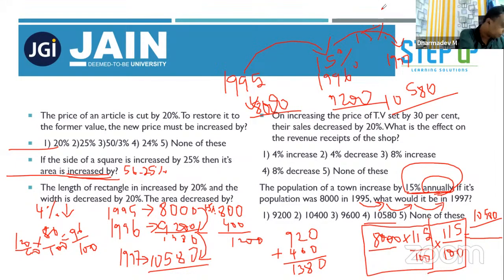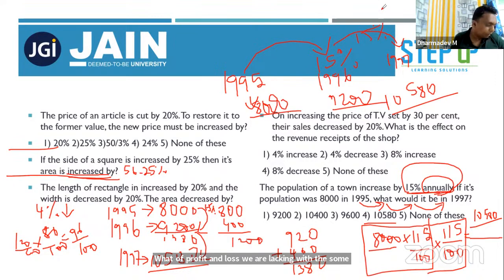So the next class on Thursday, we'll be doing profit and loss. We are lacking some topics, ratio concept and questions. That is okay, we will do it in the upcoming classes. We have 2 to 3 days to combine them together. So we will do profit and loss, and then we'll get into the ratio concept. No worries, you will be able to complete it. I'm just making sure you do the percentage questions well because I don't want you to miss marks there.